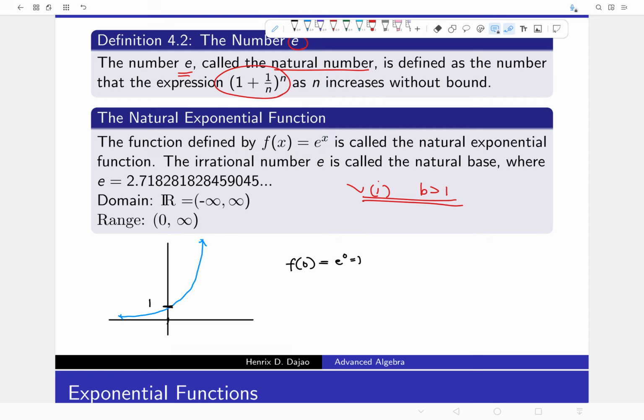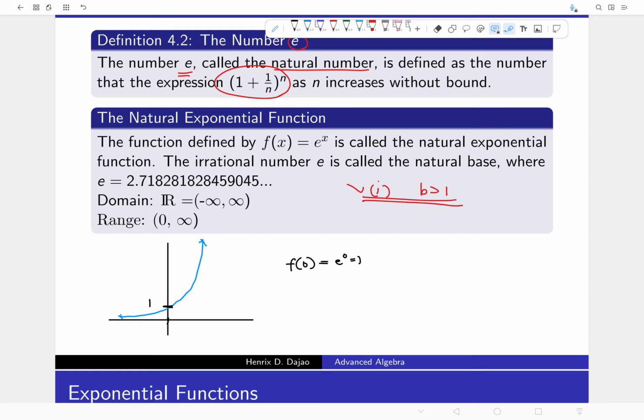The domain of that function is the set of all real numbers. In other words, you can pick any x as our value of x for this function, and the range is this interval.